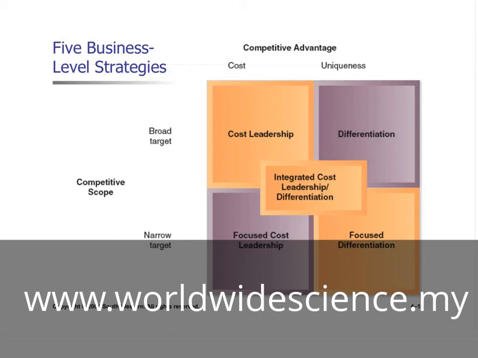So we were talking about competitive advantages, and on this grid we talk about cost as competitive advantage. When cost is your competitive advantage, it means you're providing a price which is different from the price everyone else is providing. Your price is better; you're offering a cheaper price. Let's say if everyone is pricing the product at $10, you're providing it at $8, and that gives you an advantage over others.